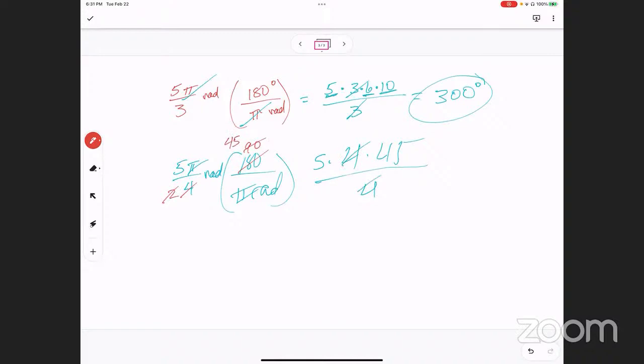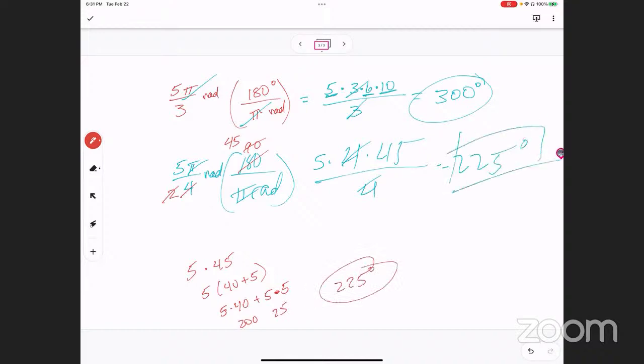So 45 times 5. Here, let me show you a shortcut. 5 times 45 is like 5 times 40 plus 5 times 5, which you can do in your head. 5 times 40 is 200. 5 times 5 is 25. So it's 225. No need for a calculator.